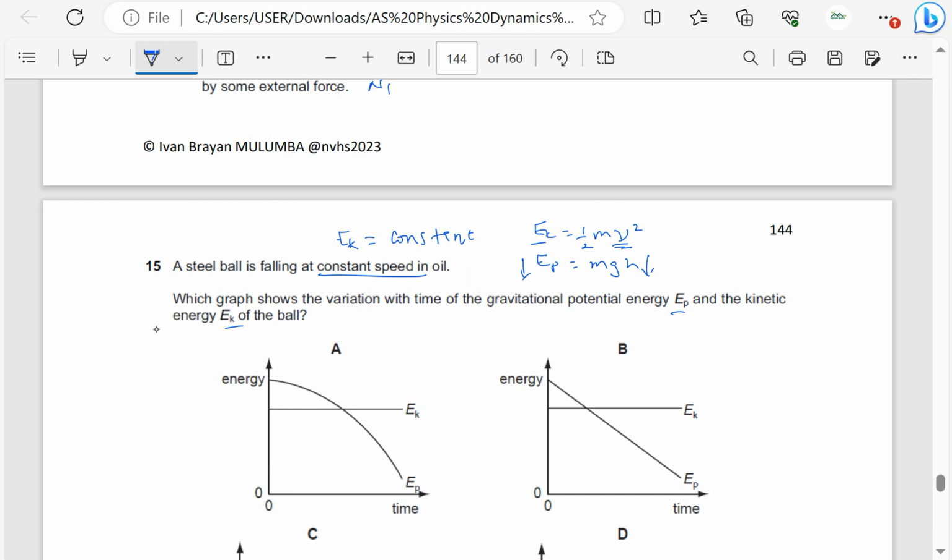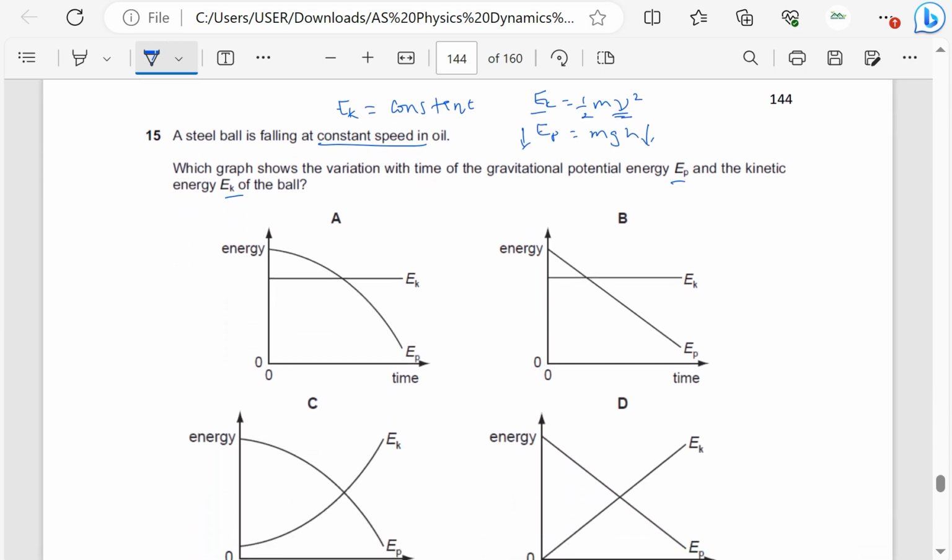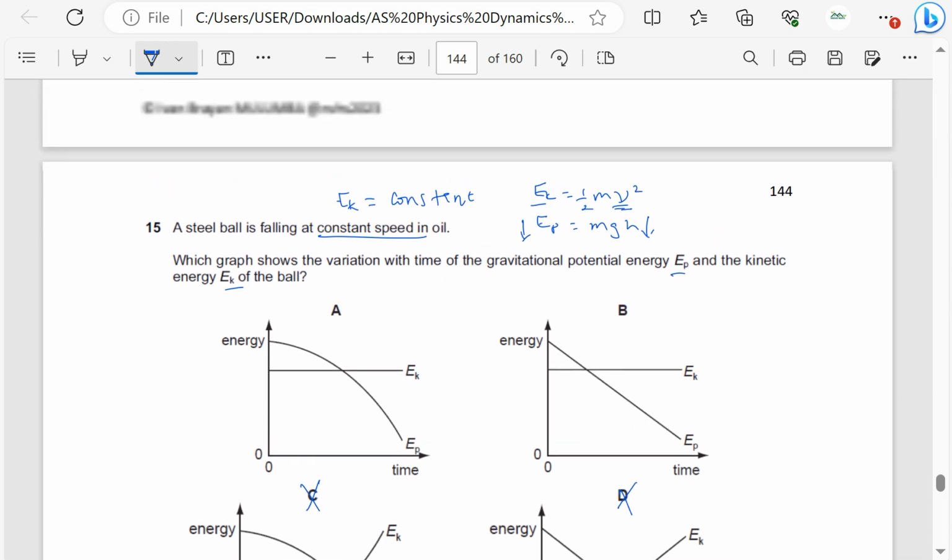Let's begin by ignoring where kinetic energy is not constant. We first eliminate C, kinetic energy should be constant. We ignore D, kinetic energy should be constant. Now we have to choose between A and B.